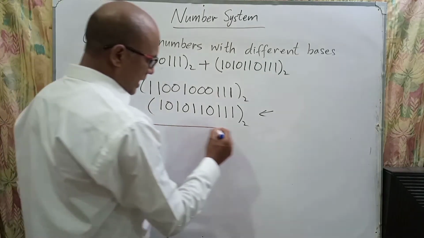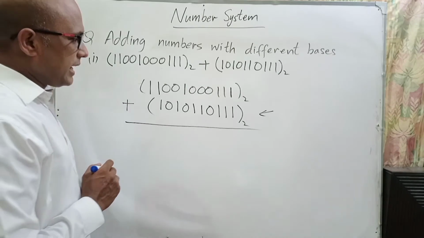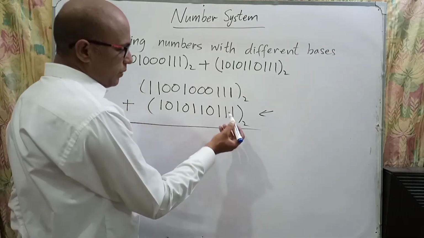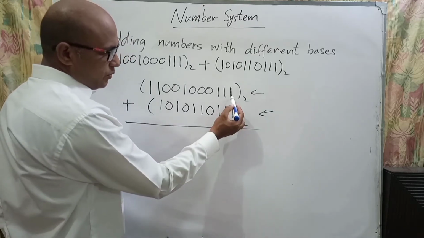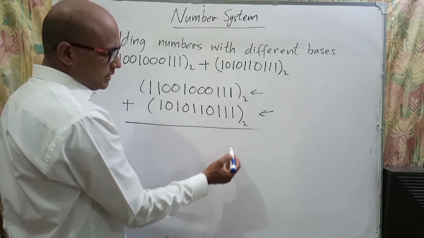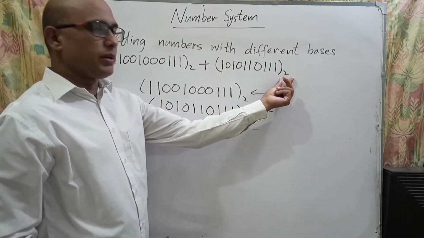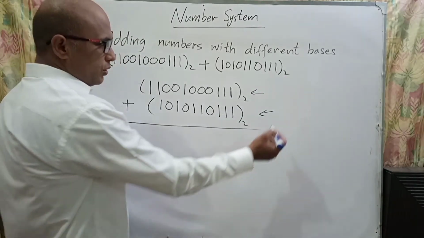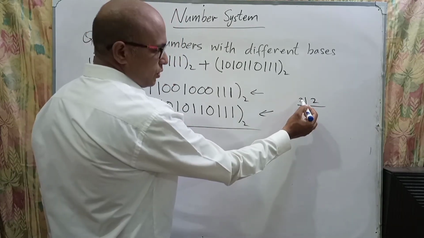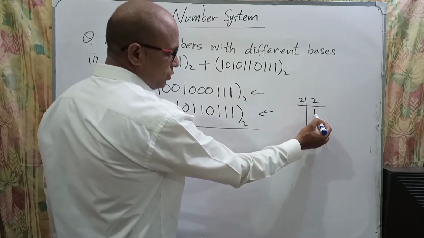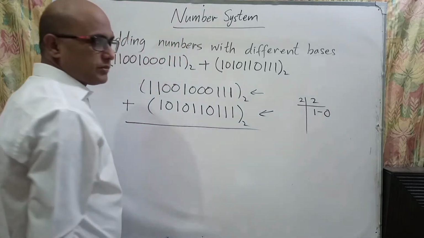So, we have to add them. Write a plus sign on the left hand side. Now, when we add starting from the right hand side, we add 1 and 1, we get 2, because we are adding the numbers with base 2. So, we'll find the LCM of 2. Starting with 2, we get 2 1s are 2 and the remainder is 0.